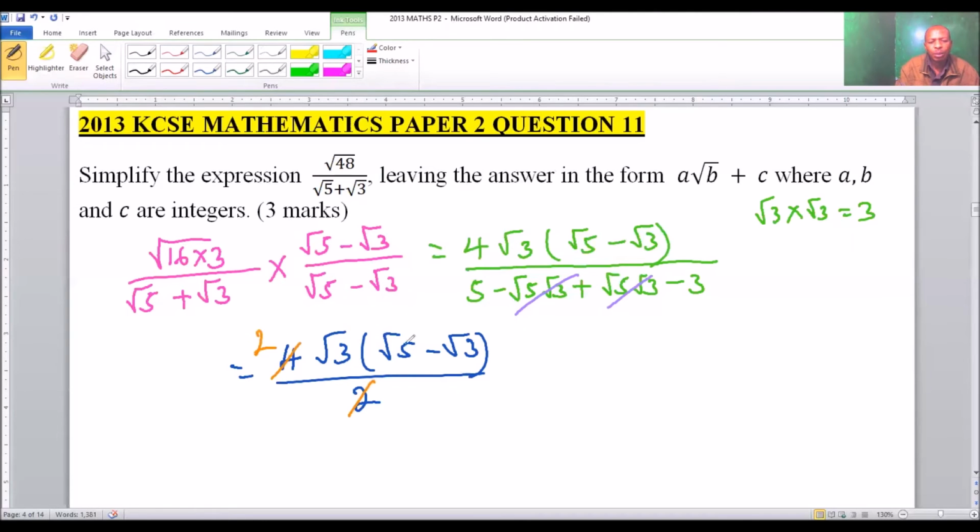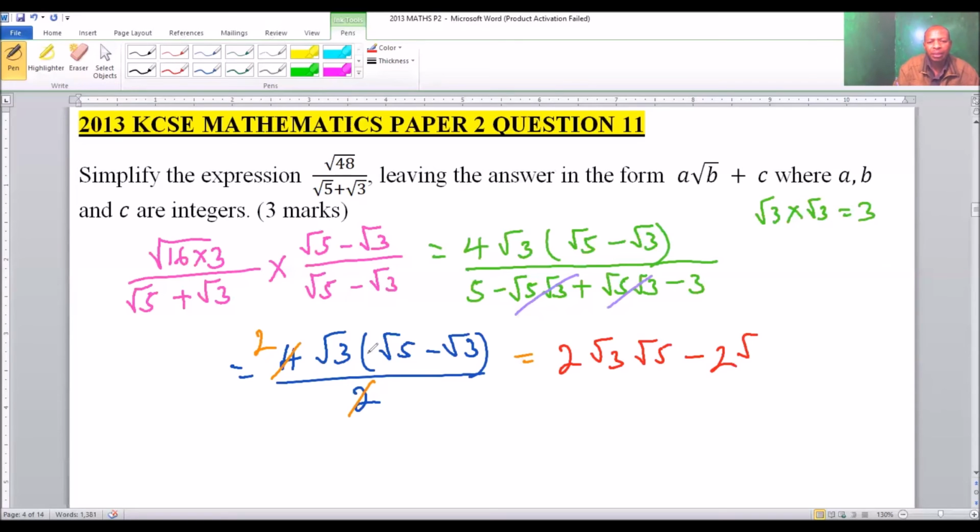Now we can open the bracket and say that we have 2 root 3 multiplied by, and we open the bracket, root 5, then we have minus root 3.